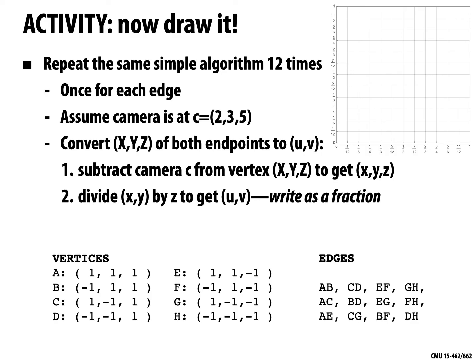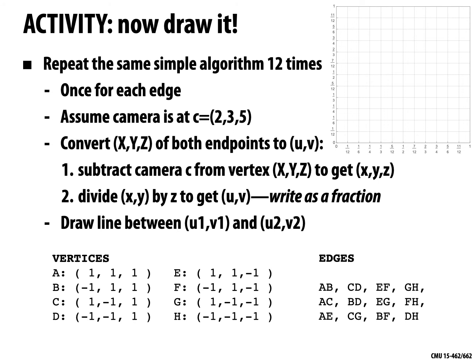Then how do we go from 3D to 2D? We divide the little x and y coordinates by the little z coordinate to get u and v. And if you want to plot this on a piece of graph paper, you'll make your life a little easier by just writing it out as a fraction. Okay? Once you have those coordinates, just draw a line, let's say on a piece of graph paper, between the two coordinates you computed.